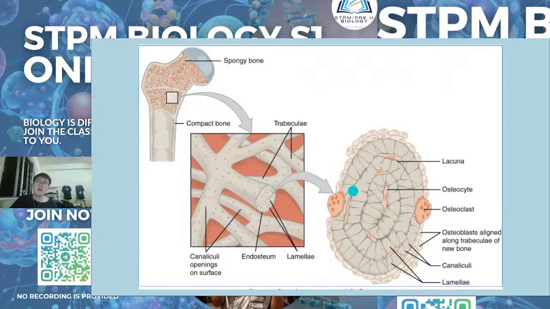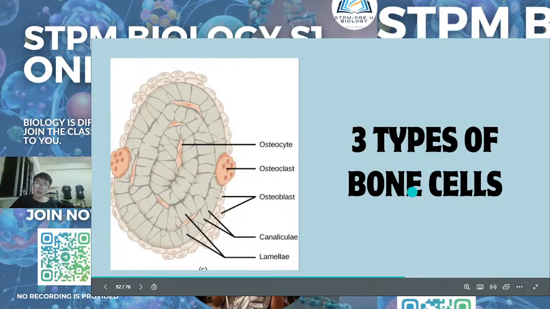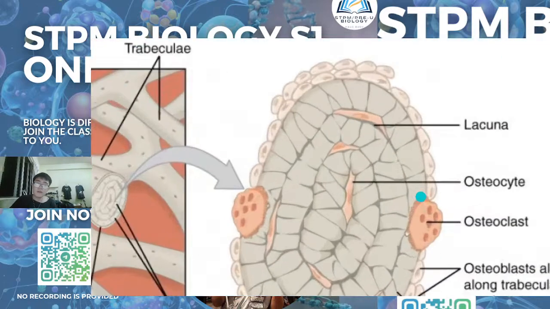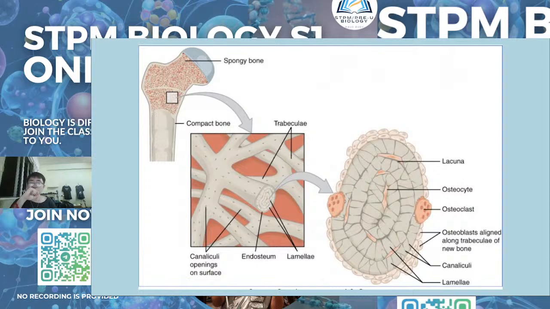So actually, if you enlarge this, which we call the endosteum, you will get the same structure as the osteon you find in the compact bone. It is the same, just that the arrangement here is not the same as the compact bone.